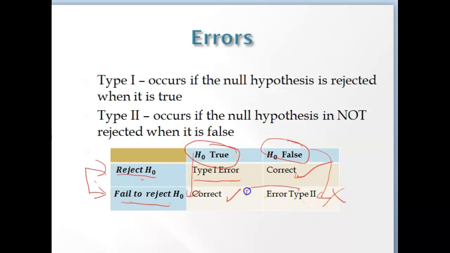We have what we call a type 2 error. So a type 1 error occurs if the null hypothesis is rejected and it's actually true. That's the wrong decision, a type 1 error. If we fail to reject the null hypothesis and it's actually false, then we've made a type 2 error.